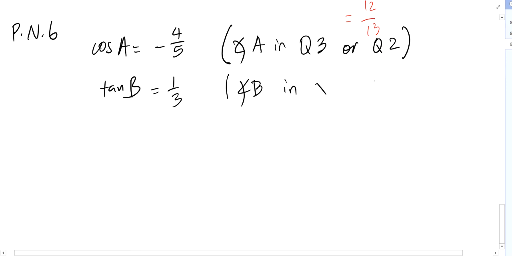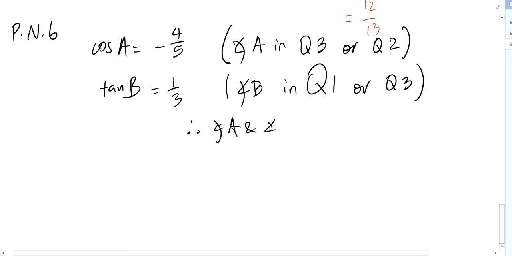Tangent B is 1/3, so first quadrant or quadrant 3. Since both of them are in the same quadrant, what quadrant must A and B both lie in? So angle A and angle B in quadrant 3.